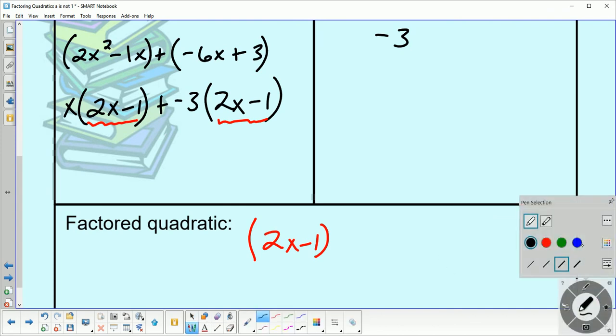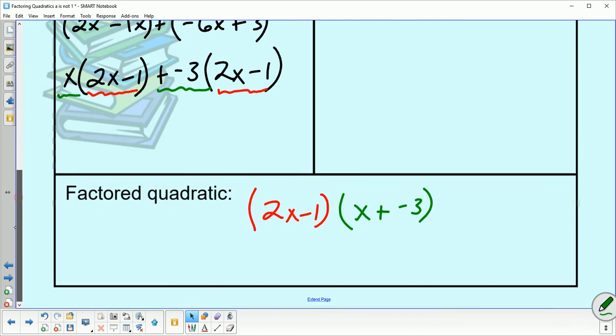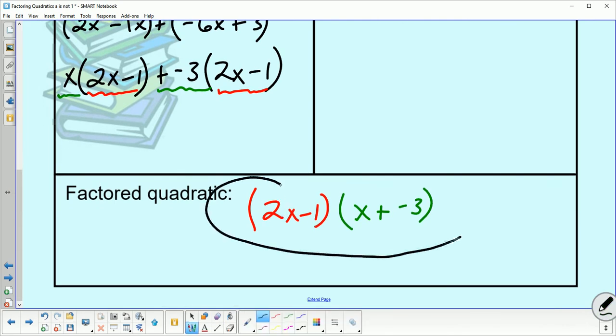The other option then is we're going to look at our things that are outside, the plus -3 and the x, and that is going to become my other one. So x plus a -3. And remember, this is the opposite of distribution. So if we went back and we distributed this, we would end up with our original problem. So this right here is our answer in factored form.